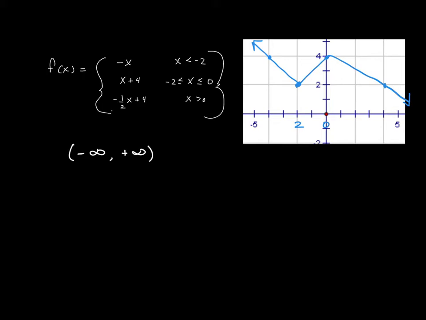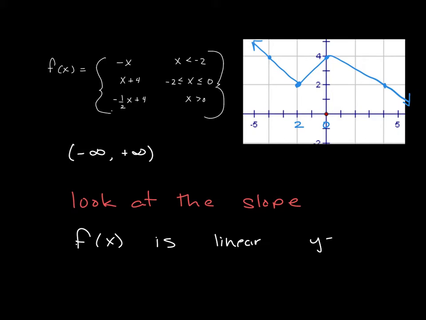Well, let's take a look at slope. Now, there's a special relationship. Whenever you have a line, if f of x is linear, y is equal to mx plus b, what you have is the derivative is just equal to the slope of the line.